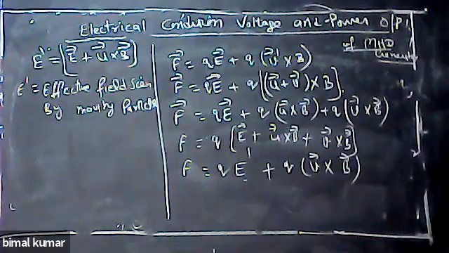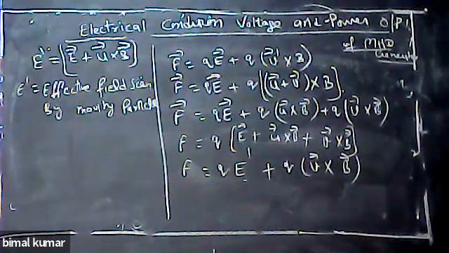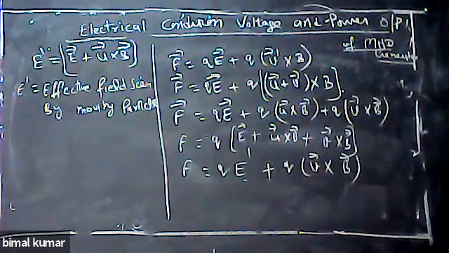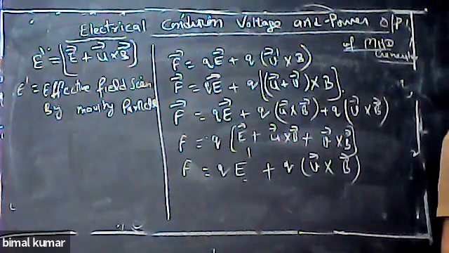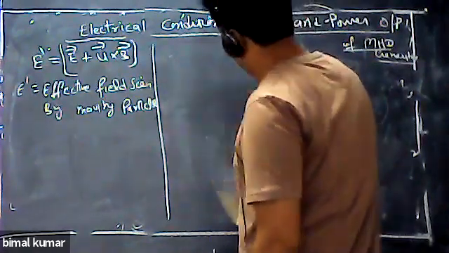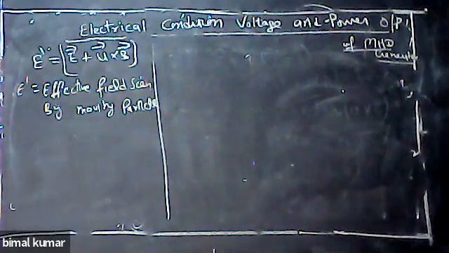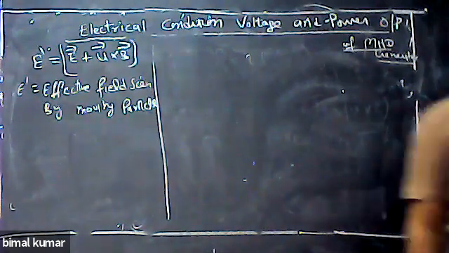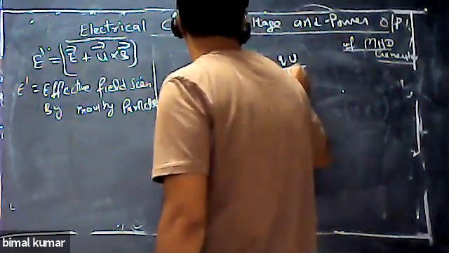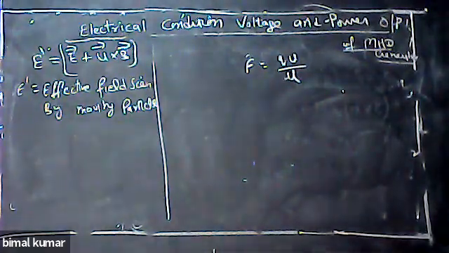The drift velocity is related to the force on the particle through the mobility mu. So F is equal to QV upon mu.